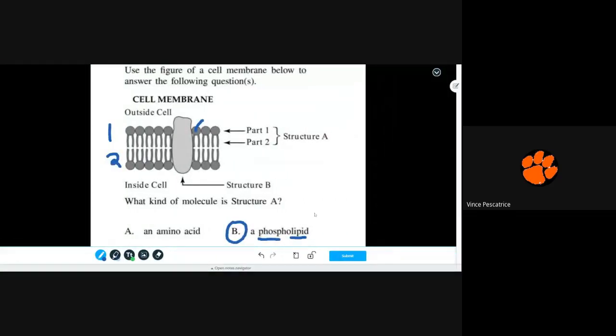All right, so B is a phospholipid bilayer. If you look at your notes from yesterday, phospholipids have a plasma membrane that's semi-repellent to water. So this right here is what's going to help you answer that question.